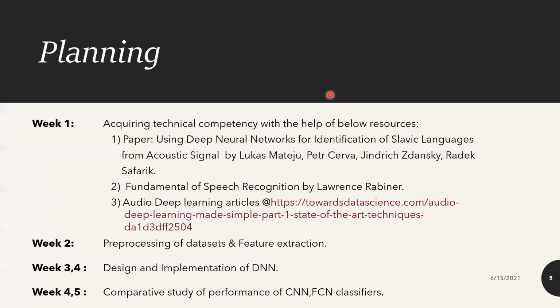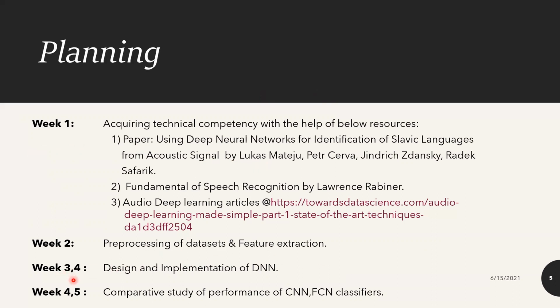Now here we are going to discuss our planning. Here we have shown the timeline that we are going to follow in order to accomplish our project. In week 1, we will gather all the resources regarding our project. In week 2, preprocessing of the dataset and feature extraction will be done.